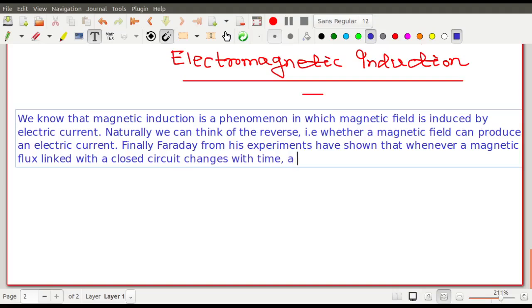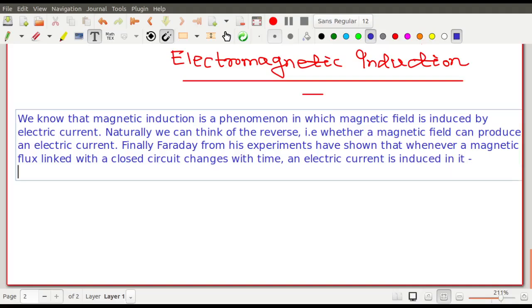And this phenomenon is known as electromagnetic induction. Got it? What is magnetic induction and what is electromagnetic induction?